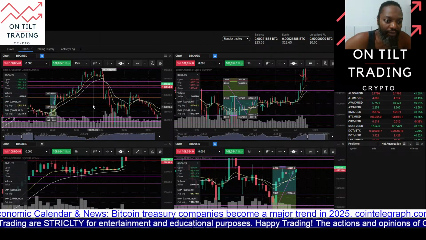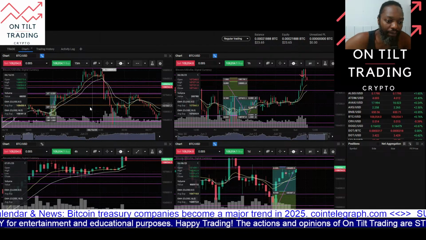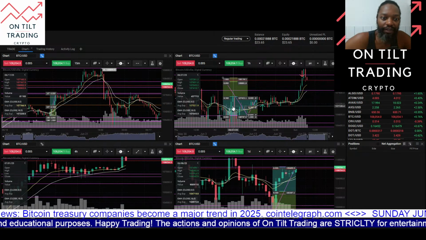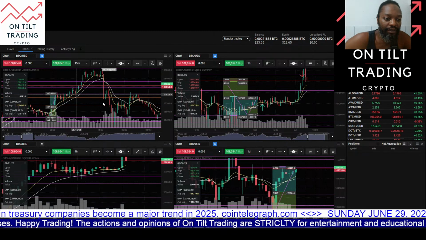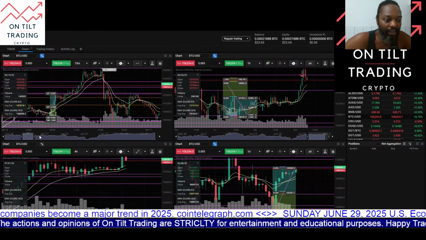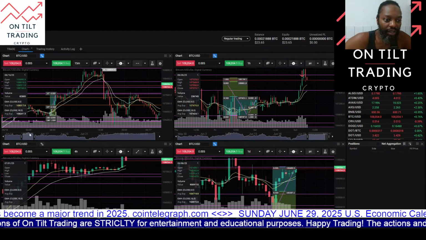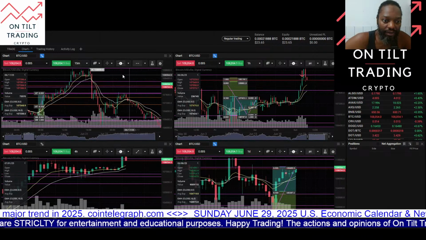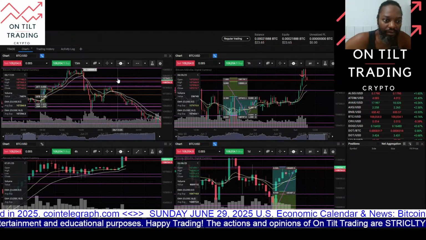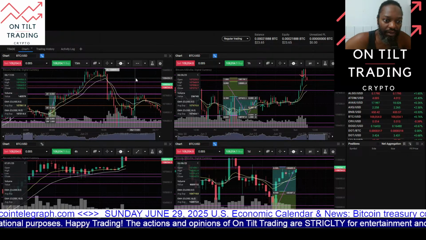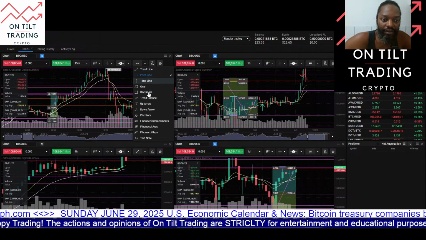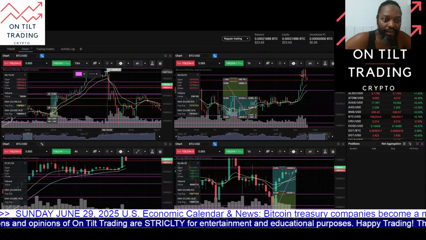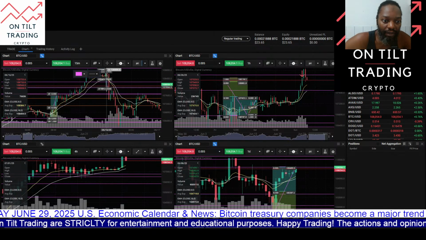But in order to do a proper job on going back on these, I actually have to go back on all the time frames to ensure that everything is lined up. So I haven't done that yet. Still need to do that. But we can see this short coming in here. So right now, just marking stuff up, and then I'll have to go back.